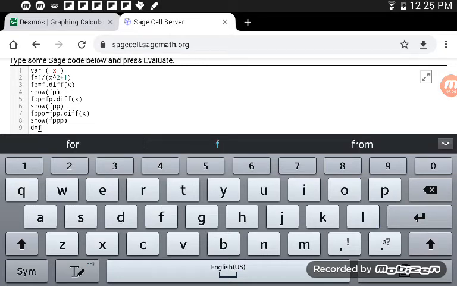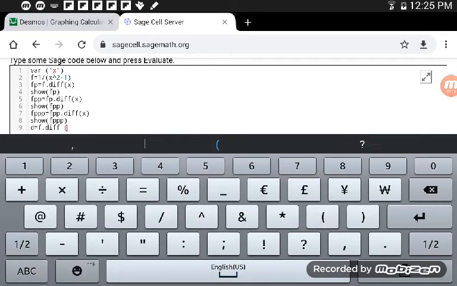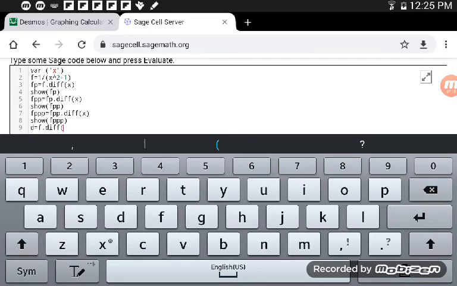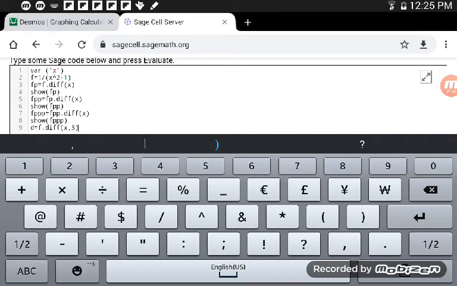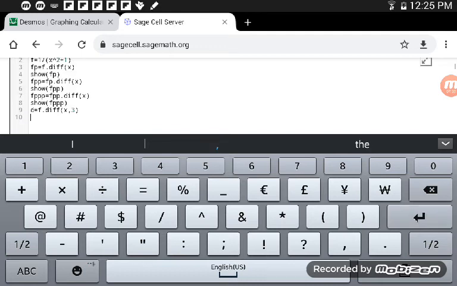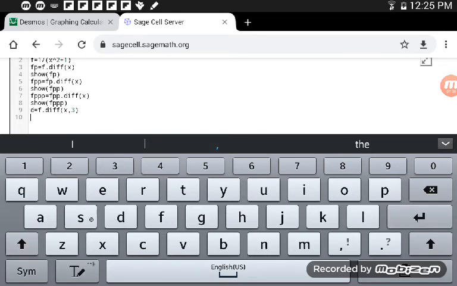So f dot diff, and I may have to look this up, but I'm thinking that we can tell it, take the derivative with respect to x, and then do a comma and tell it how many derivatives we want, which is 3, and then close that off. Go down here and show that. Let's show d.